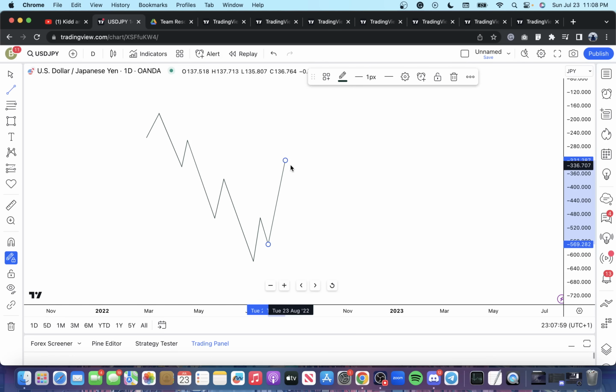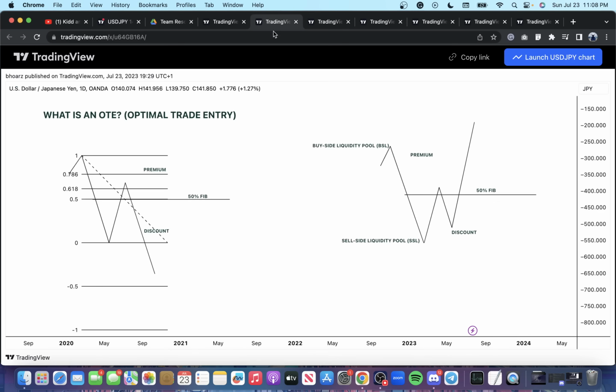That is a shift in structure when we're anticipating bullishness. Then what we're looking for is we don't want to buy until the daily time frame retraces down into a daily discount, because, again, remember what I talked about with premium versus discount. We don't want to buy while the price is expensive. We want to buy when it is cheap.